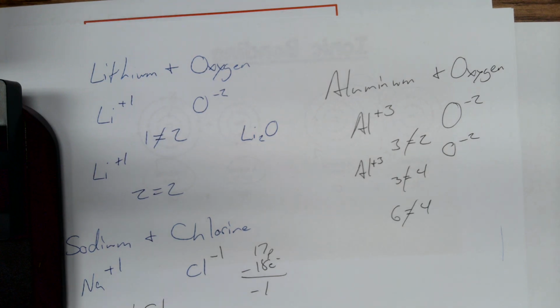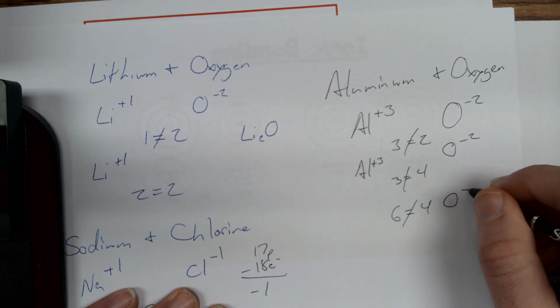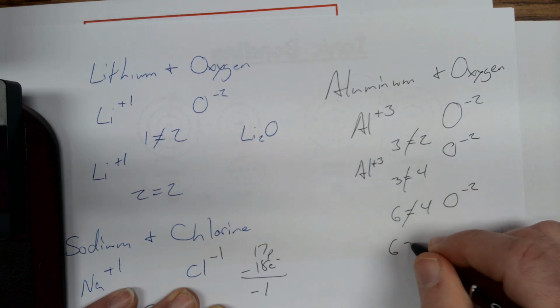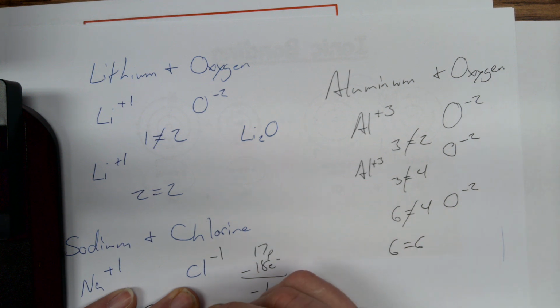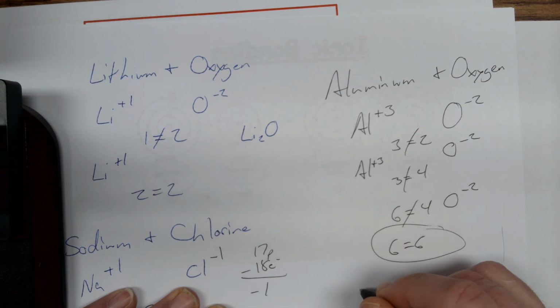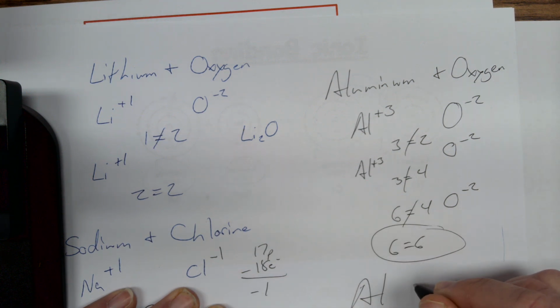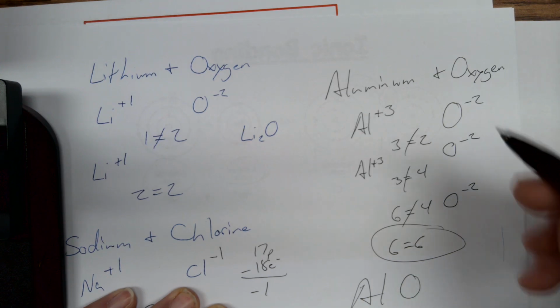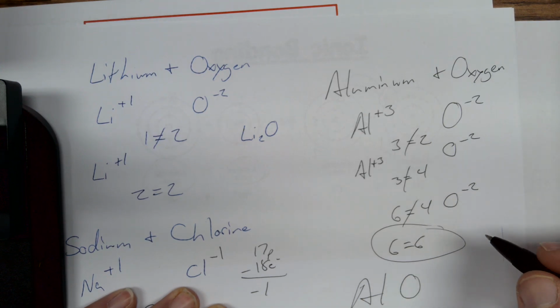What else am I going to add? Am I going to add another aluminum or another oxygen? Another oxygen, right? O -2. Does 6 equal 6? How many aluminum atoms did I use?